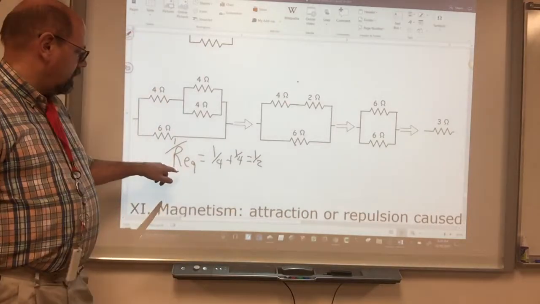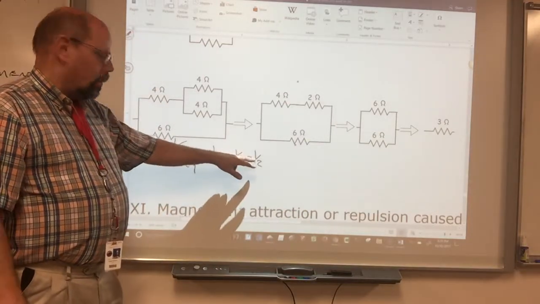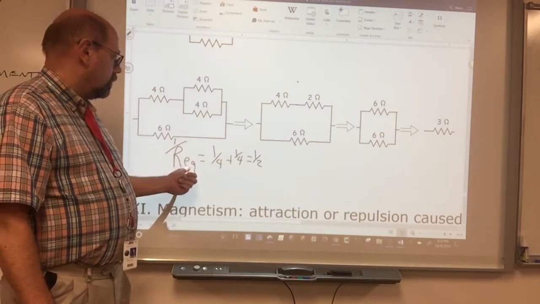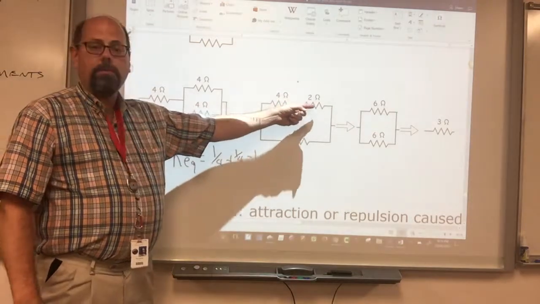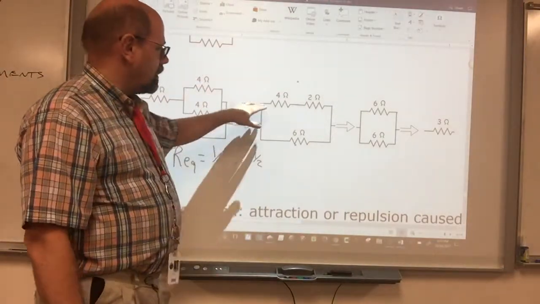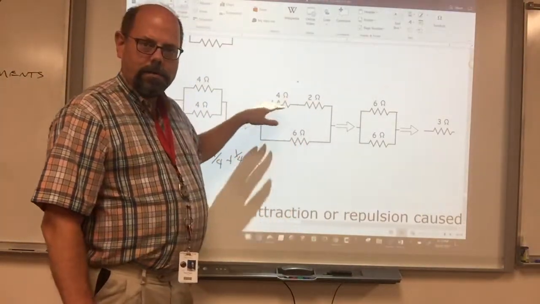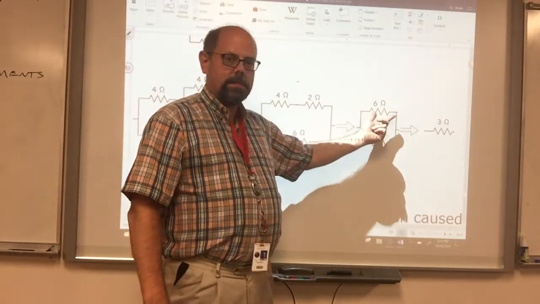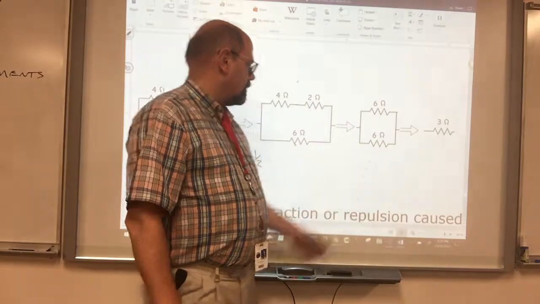So what's the equivalent here? Well, 1 over that is the value of the equivalent resistor. That's 2. So if I look over here, it became 2. Now I've got 4, and then the equivalent resistor here is 2. So that's going to end up being what? They're in series, so they just add. Then this top resistor becomes 6, and the bottom one is also 6.